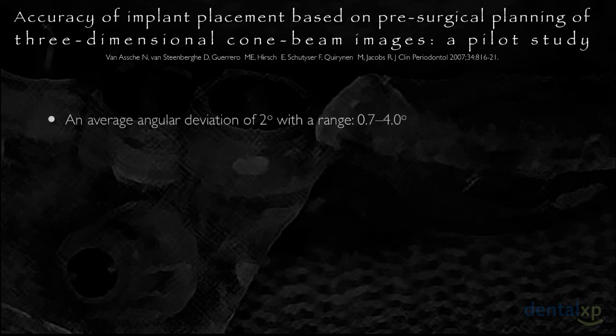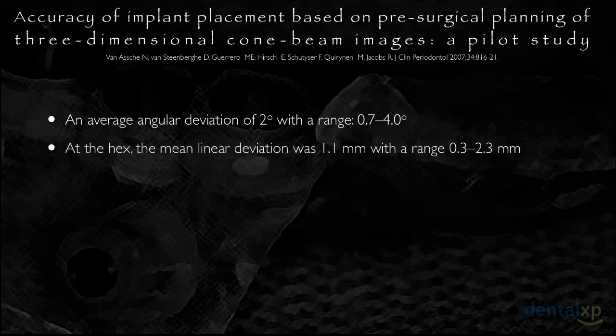What did they find? An average angular deviation of 2 degrees, ranging from 0.7 to 4 degrees. At the hex, the mean linear deviation was 1.1 millimeters, with a range of 0.3 to 2.3 millimeters. And at the apex, 2 millimeters average, with a range of 0.7 to 2.4 millimeters.